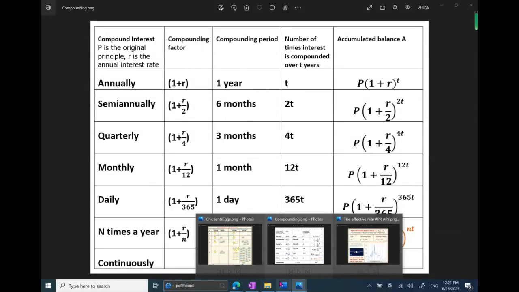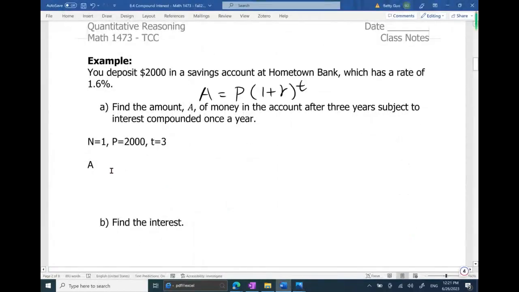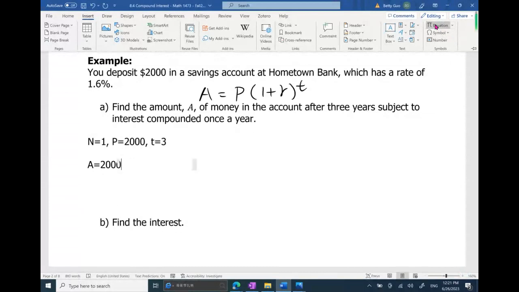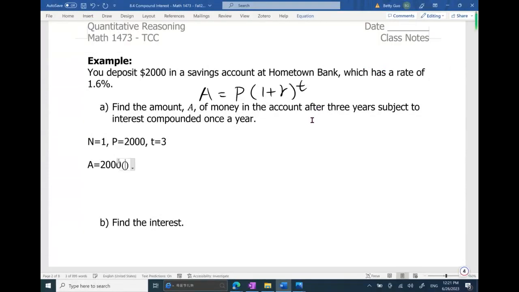And now all we need to do is just plug in. P is 2000. In the parentheses, we have 1 plus, oh, we're missing an important piece of information. r equals the annual interest rate, 1.6%.